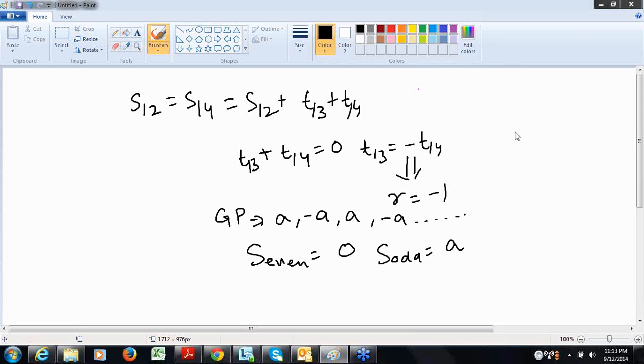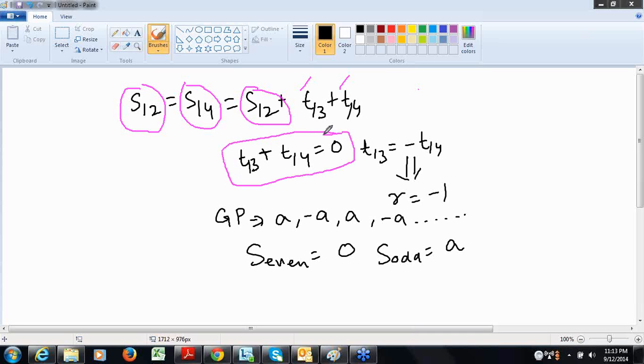Just a minute. Let me explain once again. The sum of 14 terms is the sum of 12 terms plus term 13 plus term 14. So term 13 plus term 14 will become 0. So term 13 is equal to minus term 14.